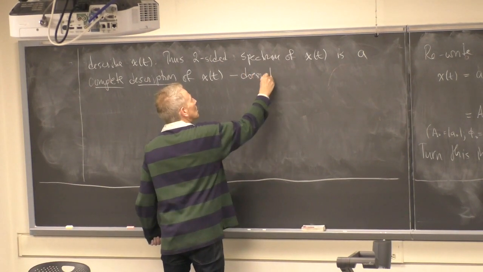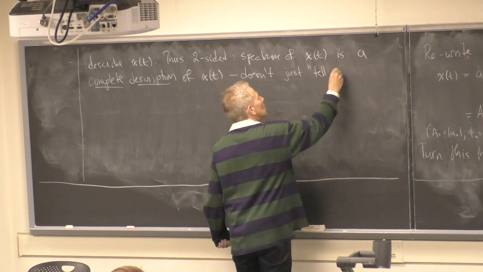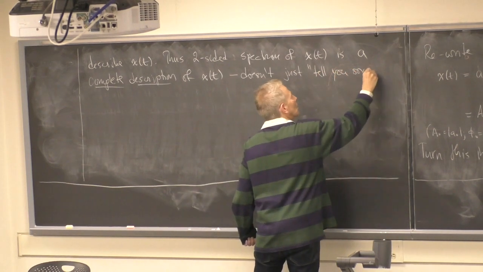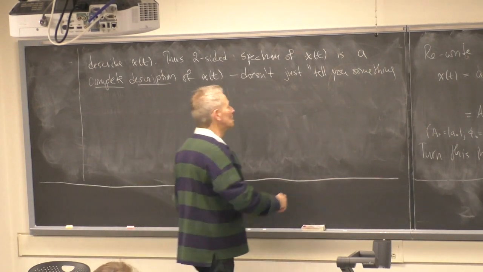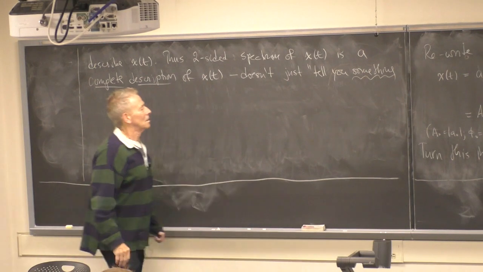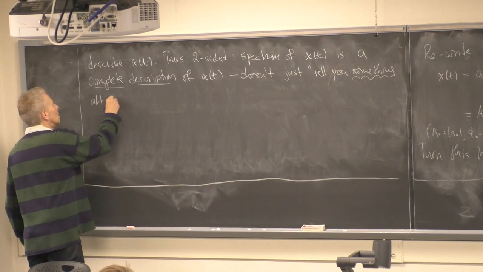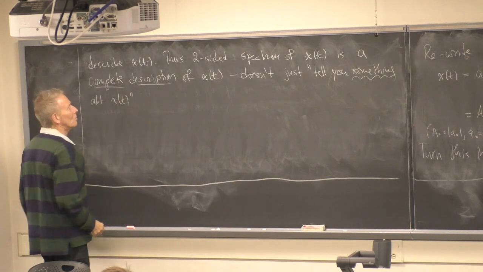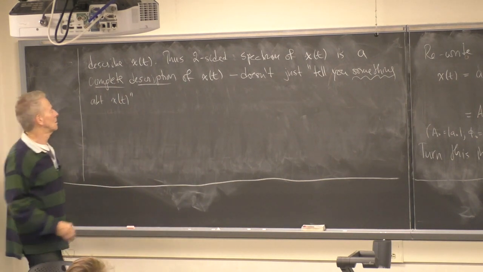It doesn't just, quote unquote, tell you something about x of t. And I'll put something with a squiggly underline under it to emphasize that's how you have to say it. It tells you everything about x of t, but in a different way than writing it as a time function.